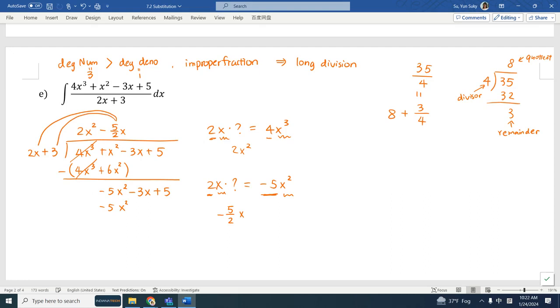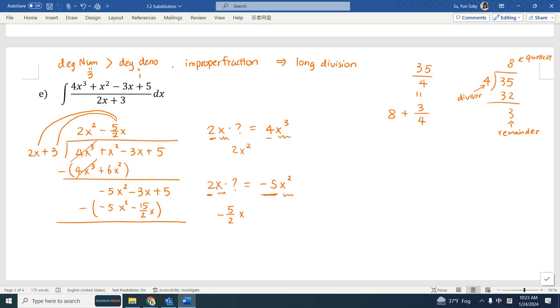Multiply by 3 is what? Negative 3 times 5 over 2 is negative 15 over 2 x. And use the first line, subtract the second line. You might see fractions.